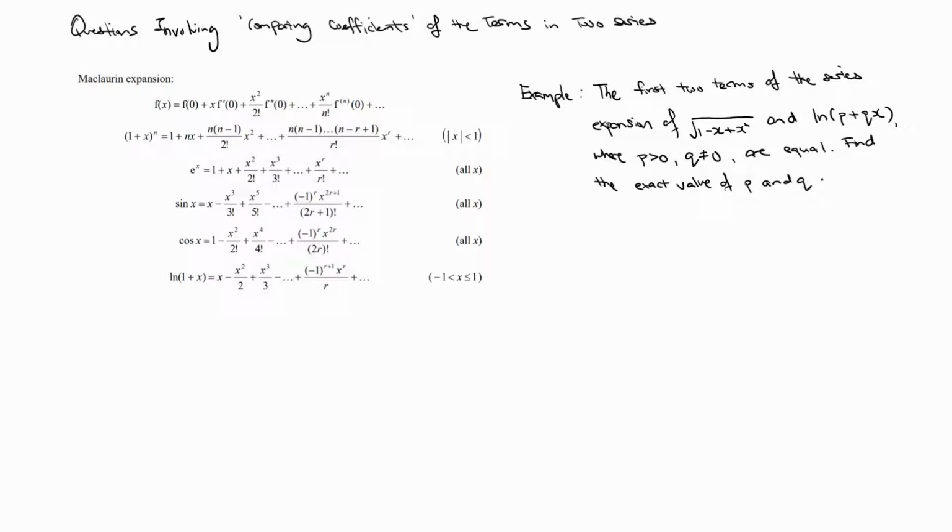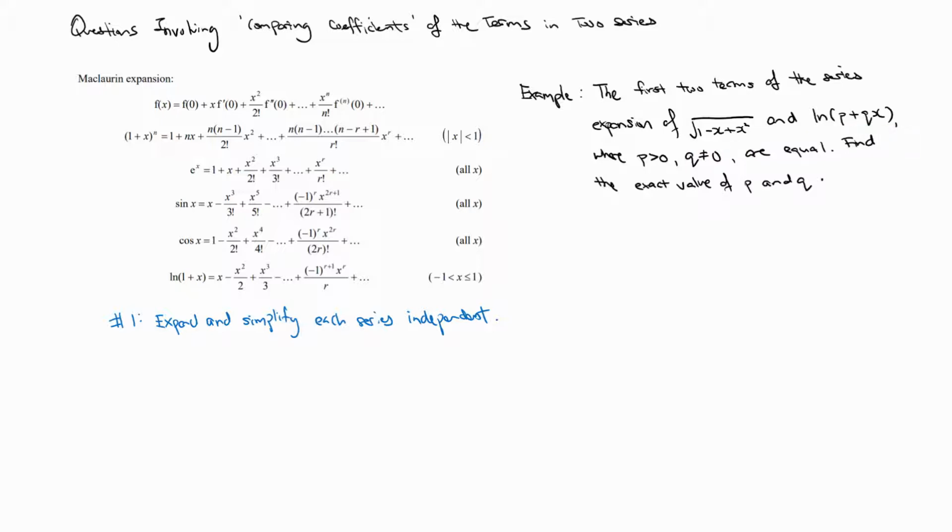Now the steps to solving this are actually quite straightforward, so let's write down the steps. For questions similar to these, in step number 1 we will expand and simplify each series independently. In our example, we will expand the square root of 1 minus x plus x squared, and then also expand ln(p plus qx) in terms of p and q.